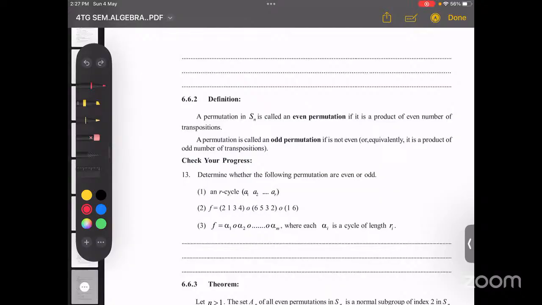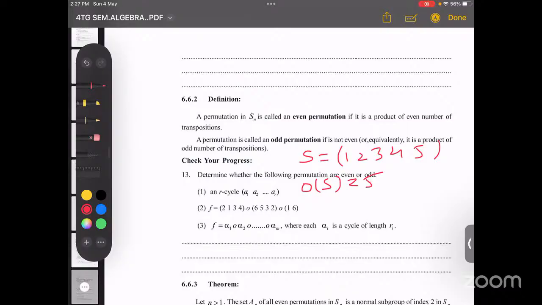Here you can take an example of an even permutation. If you have the elements 1, 2, 3, 4, 5, the order of the permutation is equal to the number of elements present. We have 5 elements here. So you have to write them as a product of transpositions.